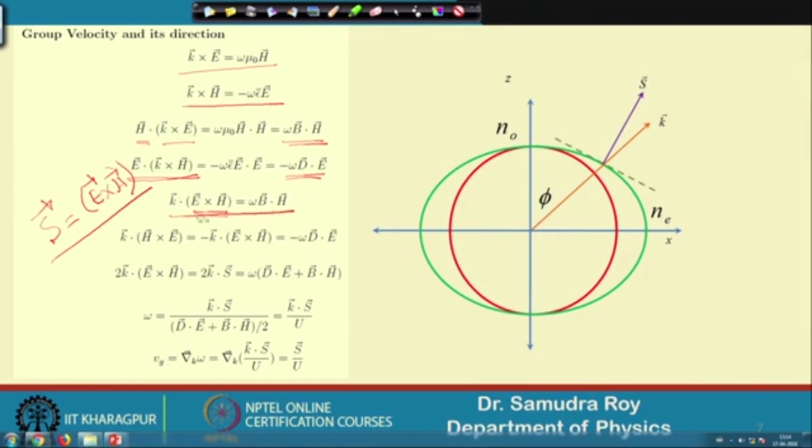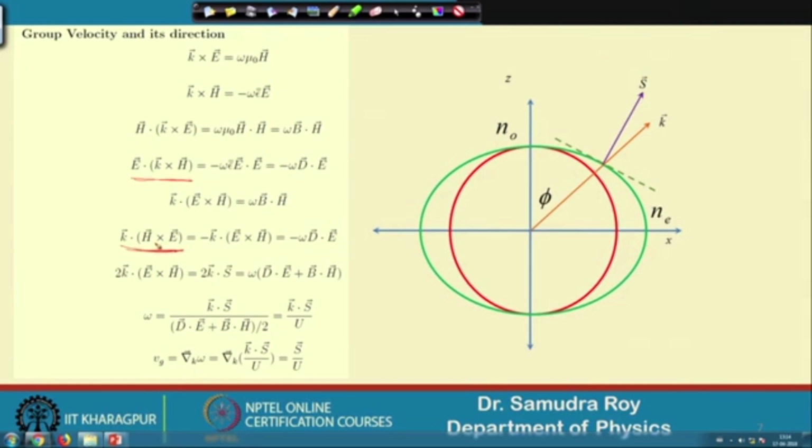So, this is basically one equation. In a similar way, I have this equation in my hand, A dot B cross C. Again I will write it as B dot C cross A. If I interchange H and E, it should be E cross H with a negative sign, and the right hand side accordingly.